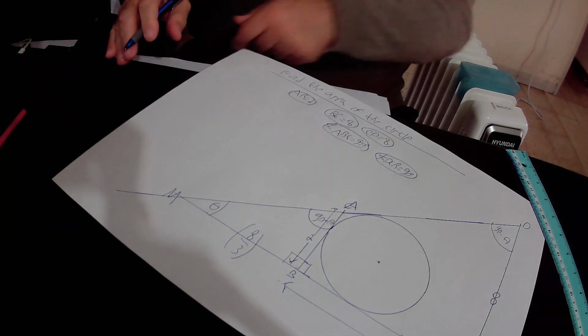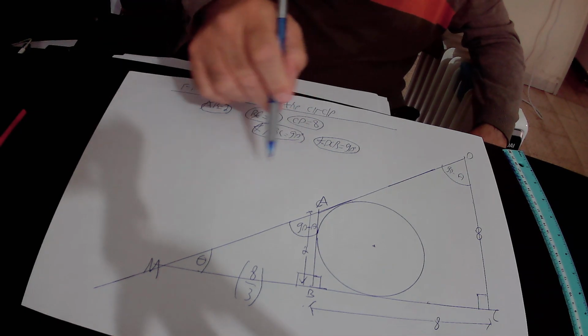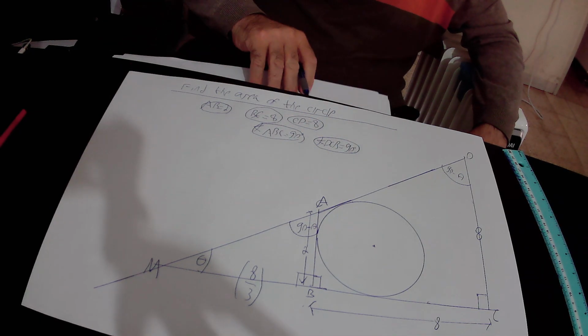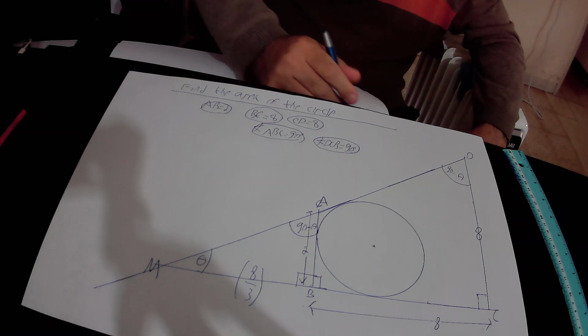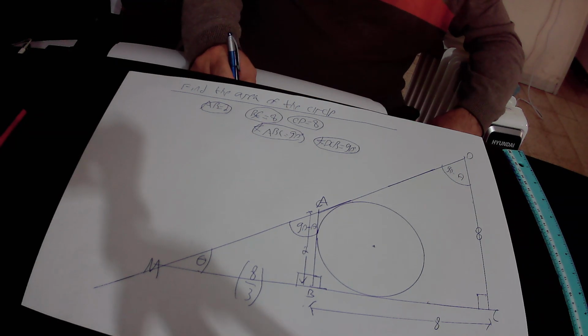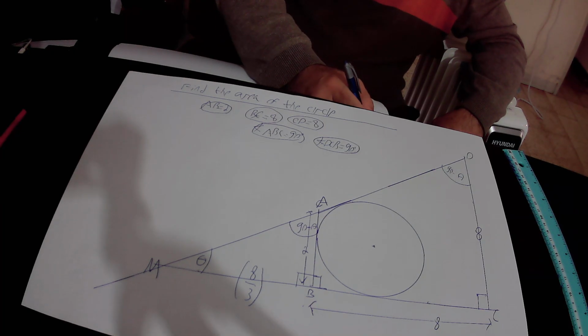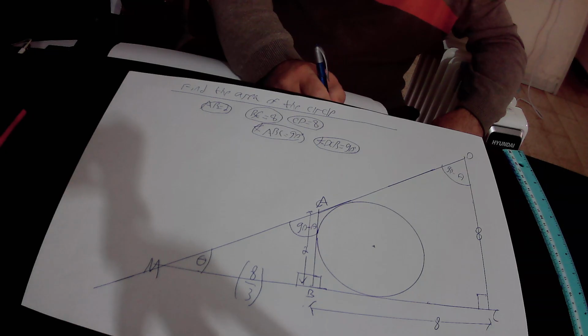In the next step, we implement the Pythagoras theorem on the right triangle AMB.